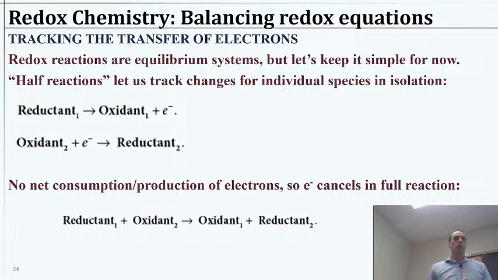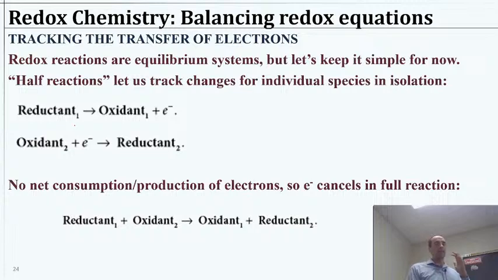So we have a reductant that becomes an oxidant plus an electron, is one way we could look at it. That would be the first half. The other half would be an oxidant that took the electron away and is now a reductant now that it has that electron. So a reductant is going to try to reduce something and take something's electron away. No, excuse me, sorry, I said that backwards.